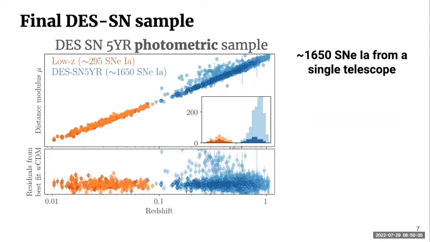So this is the final one that you will see published in a few months in the final DES cosmological analysis. And it's an extremely powerful sample, coming from this great telescope, that great camera that DECam was.